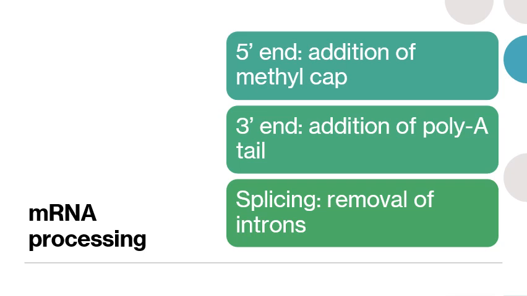And in eukaryotes, in processing, we also have splicing, the removal of introns. So what that means, if we were to draw our little pre-mRNA strand here, we can actually cut this up in different ways.